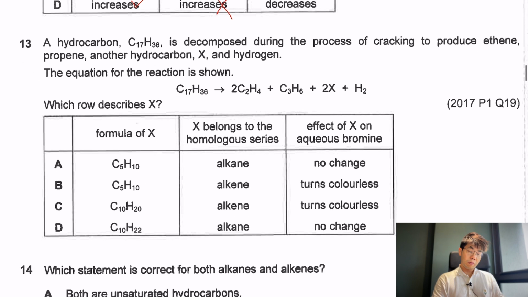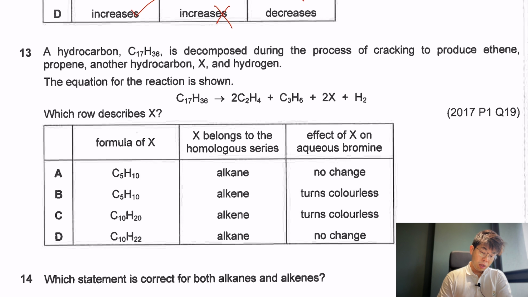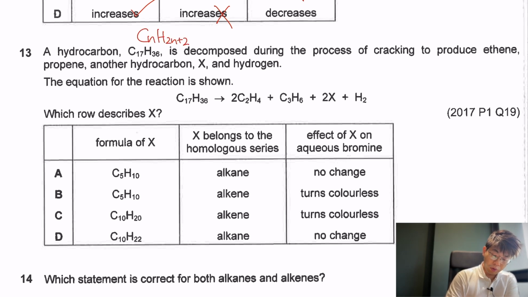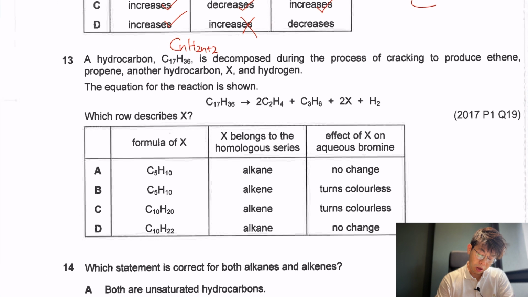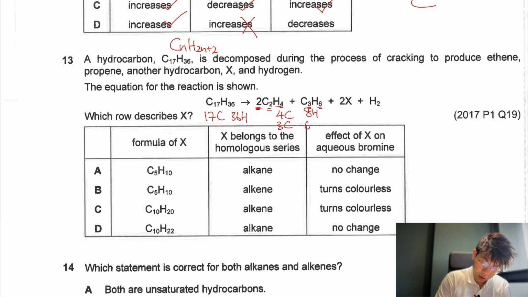Question number 13. A hydrocarbon C17H36. So you can see that this is CnH2n plus 2. Right, it's decomposed in cracking to produce ethene. So it's cracking. I got this, and then I need to find out what is X. So over here, I got 17 C's, 36 H's. So over here, there's a 2 and there's a 2. So this is 4C. There's a 2 and a 4. So I got 8H. Here is a 3. So I got additional 3C, 6H.